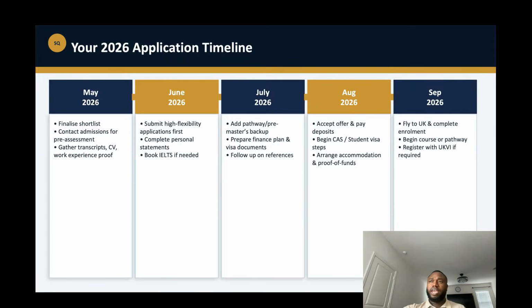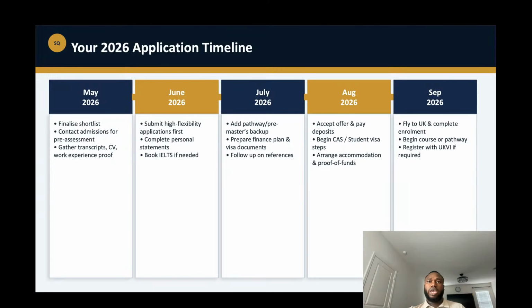Okay, so UKVI, they are very serious right now. They are very serious about only giving visas to people who are genuine students. Which is why schools in the UK have been mandated to make sure that they do their due diligence on students who are coming to the UK to study.